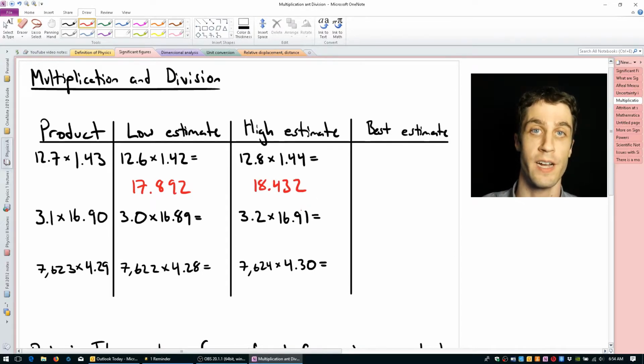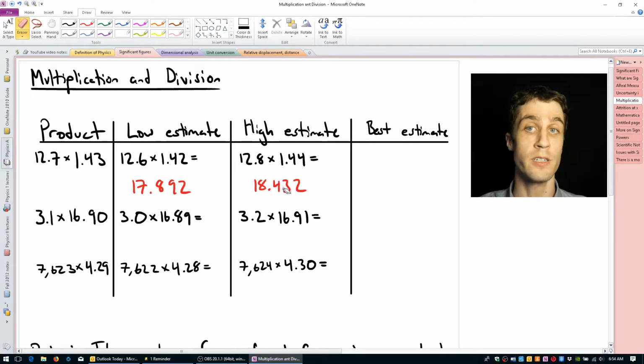Again, reporting it out to 5 digits, which is excessive. All right, look what we have here. Our low estimate is 17.9-ish, and our high estimate is 18.4-ish. It looks like we only really know it out to 3 digits. If you include these last 2 digits, that's going to be kind of excessive.